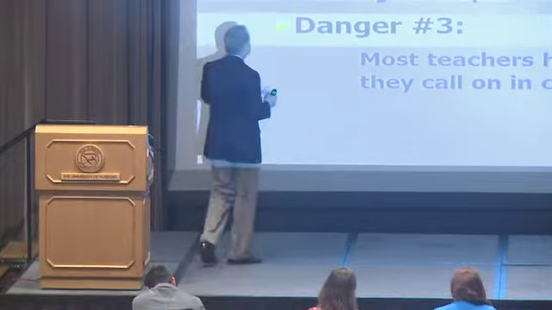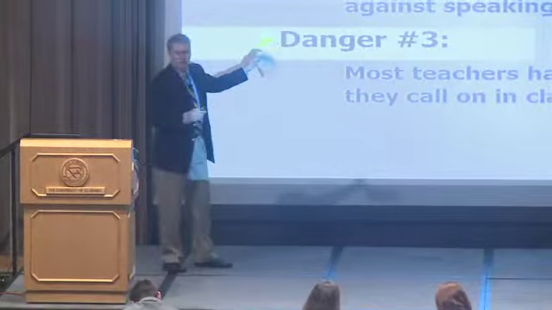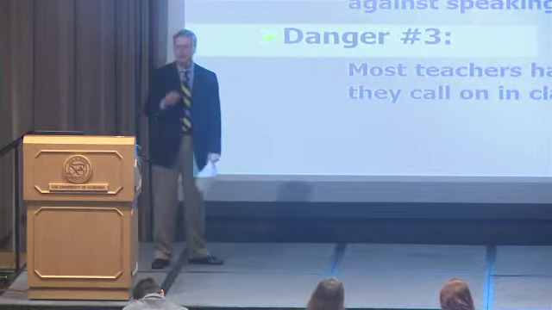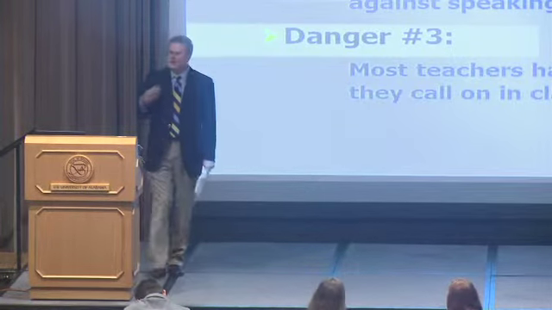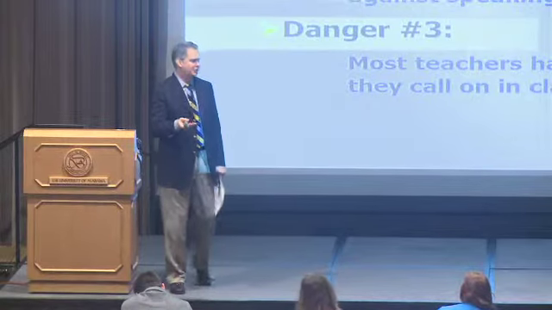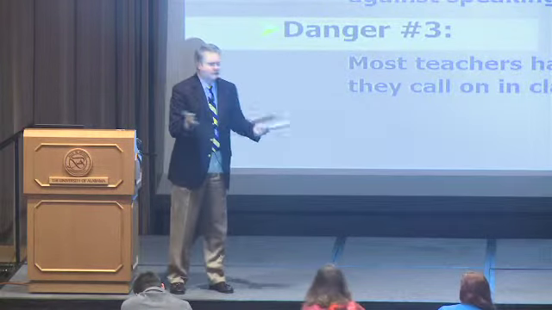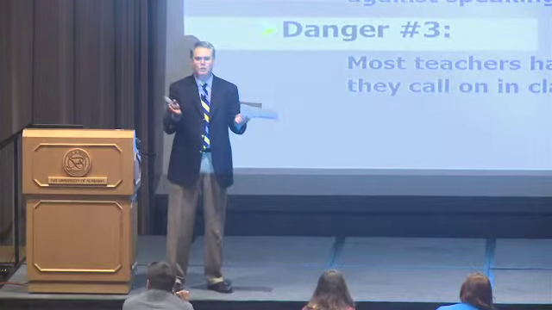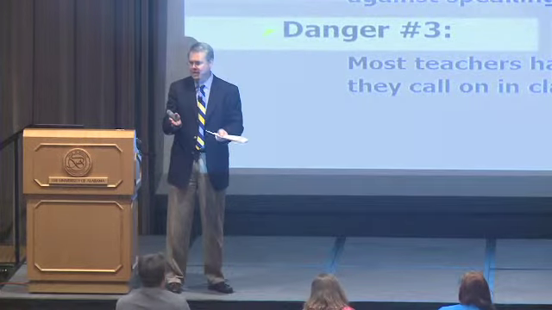Danger number two: students from some cultures have normative rules against speaking out in class. So get to know your class members, and you might begin to prompt students who aren't expected to speak up or find it disrespectful to speak up in class.